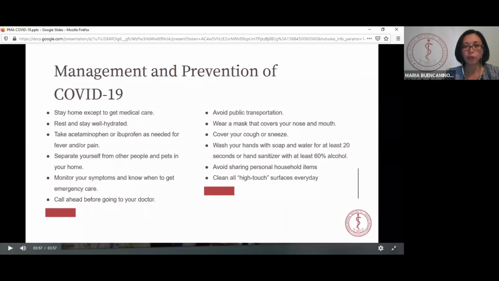And I'm sure you've heard about this several times: staying home, staying well hydrated, taking fever-reducing medications, making sure you wear a mask, washing your hands with soap and water for at least 20 seconds, or using a hand sanitizer with at least 60% alcohol, avoiding sharing personal household items, and disinfecting high-touch surfaces every day.